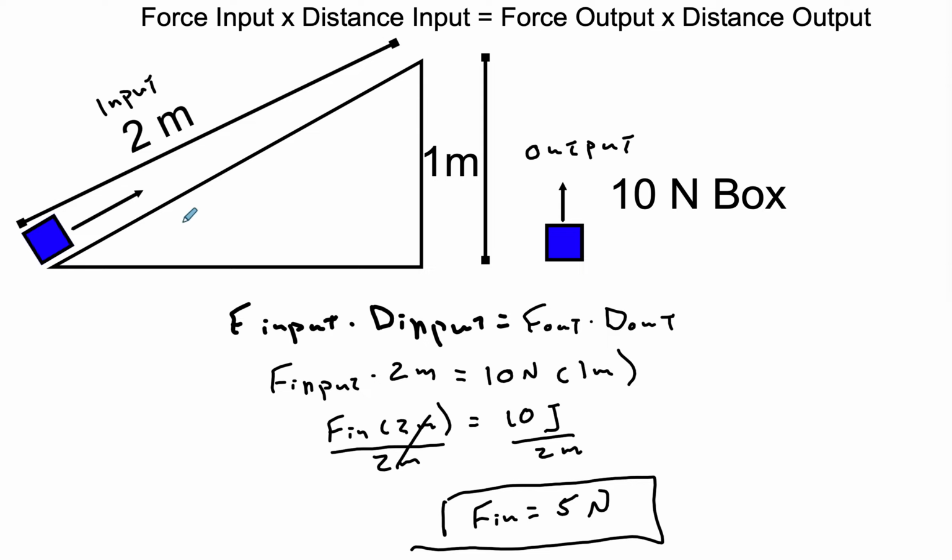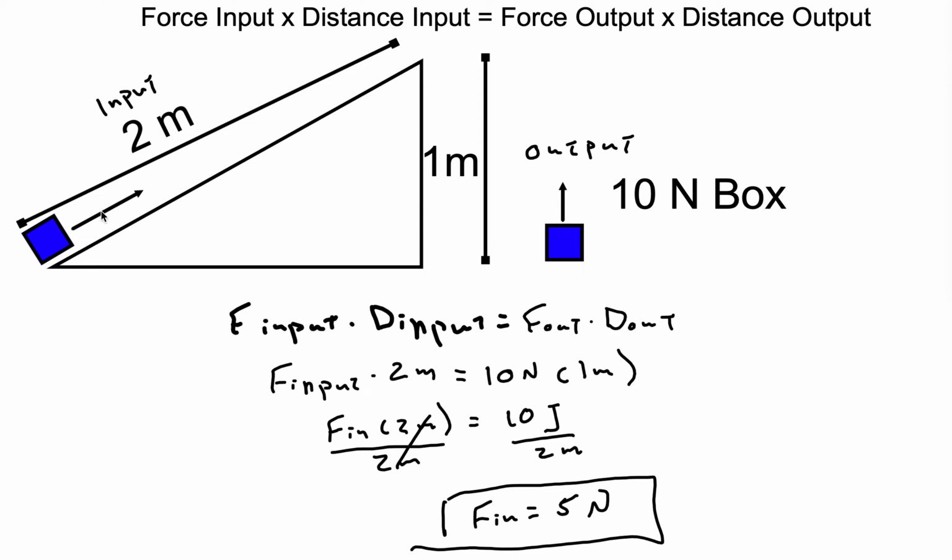Okay? So simple machines make your work easier by decreasing the force required. Decreasing the force required also requires that you push that force for a longer distance.